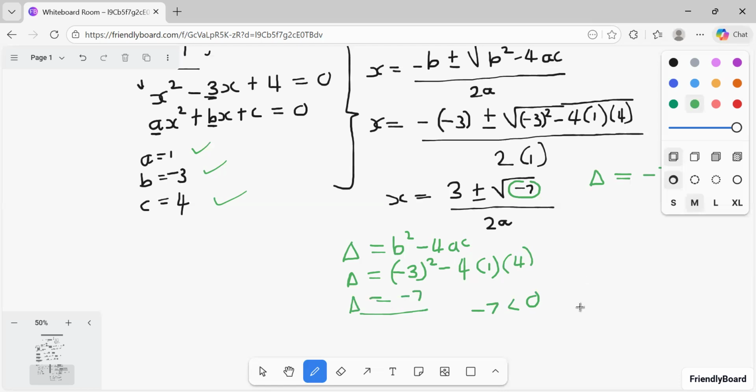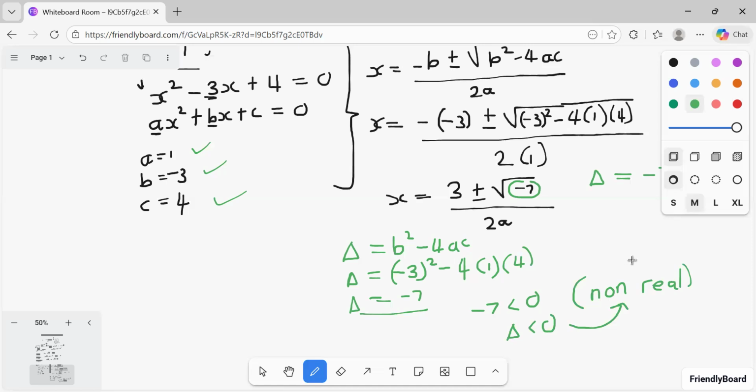It means the nature of roots are going to be non-real. All right, it's going to be non-real, because if delta is less than 0, then the nature of roots are going to be non-real.